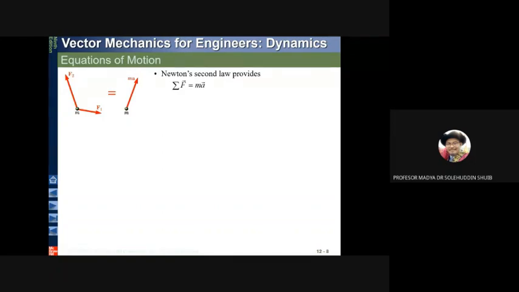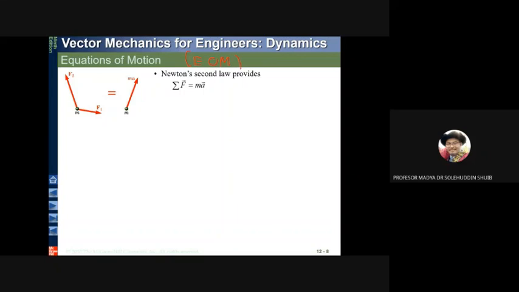Next one, for this chapter, it's very important for us to set up what we call the equation of motion. Sometimes we write EOM, which is short form for equation of motion. If you look at the equation of motion, we consider a particle of mass acted upon by several forces.